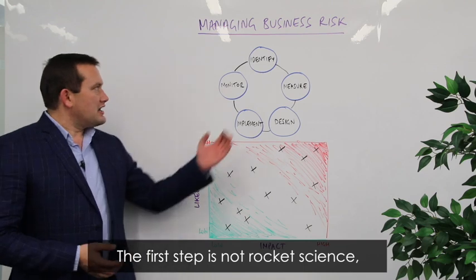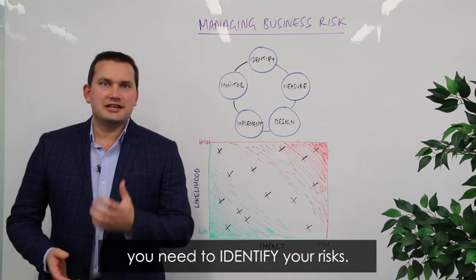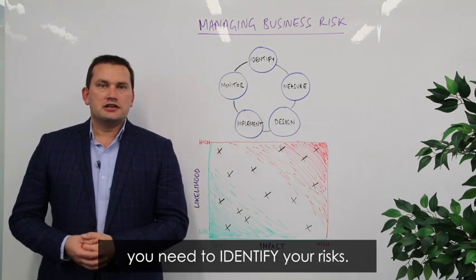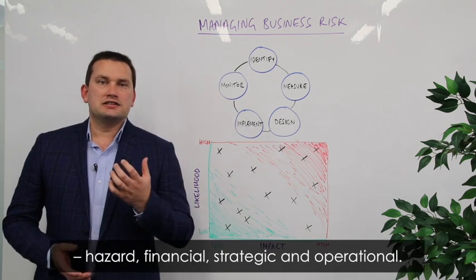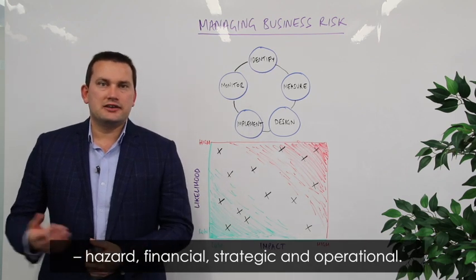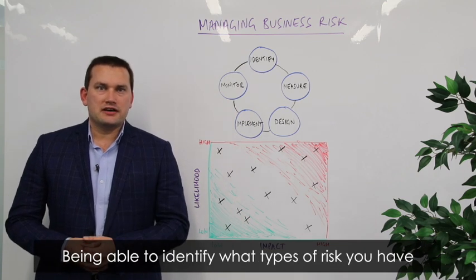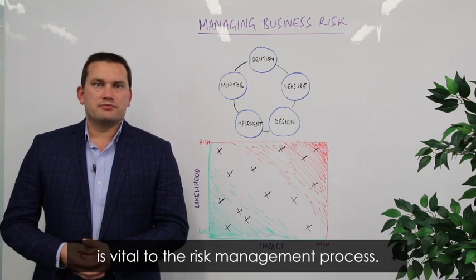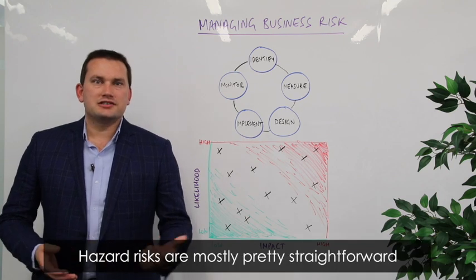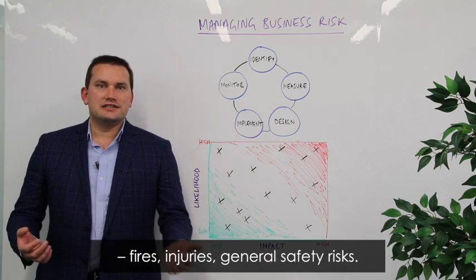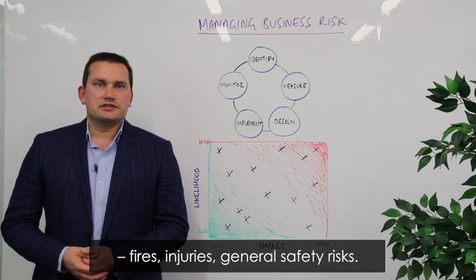The first step is not rocket science. You need to identify your risks. And there are 4 main types of risk: hazard, financial, strategic, and operational. And being able to identify what types of risk you have is vital to the risk management process. So hazard risks are mostly pretty straightforward: fires, injuries, general safety risks.